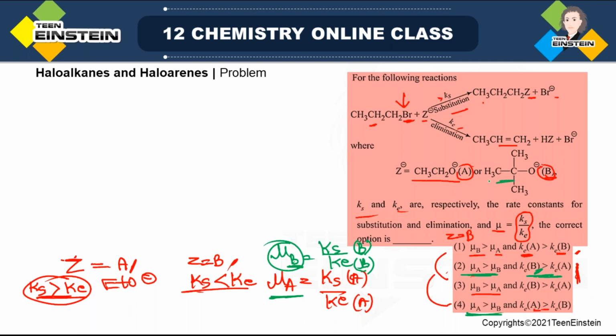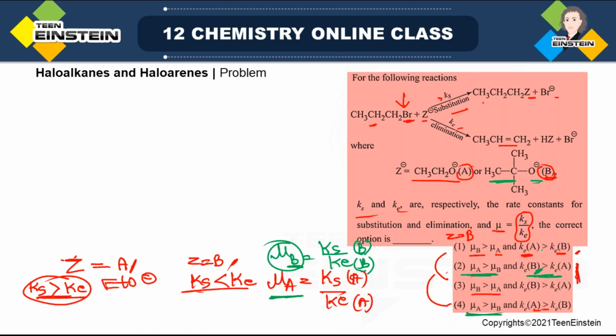But see, as the structure B is a very hindered base, and for a hindered base we know elimination is always favored, right? So the rate constant for elimination when you are using B will always be higher than the rate constant for elimination when you are using A. That means KEB will be greater than KEA.